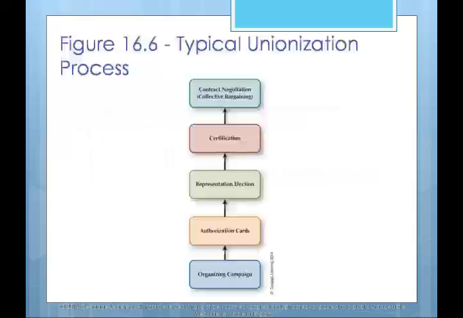Now, this is the typical unionization process. If you start from the bottom up, you have a union that starts organizing the campaign. Many companies like Walmart hire consultants who specialize in combating unionization. They use union busters or persuaders.